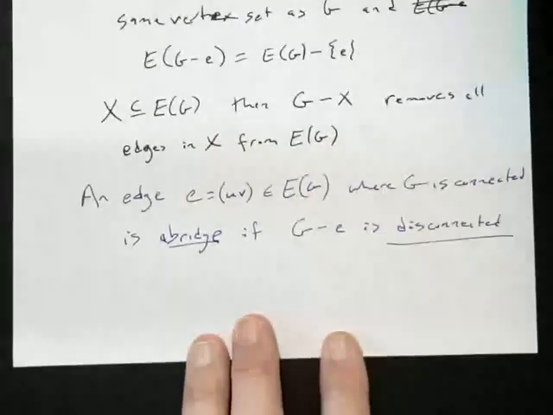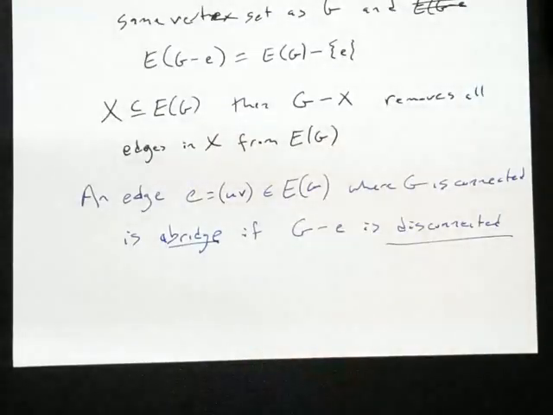And those, once we remove a bridge, I have 2 distinct components. One of those components will contain U, the other component will contain V.